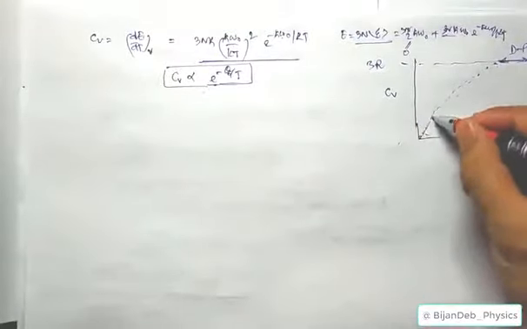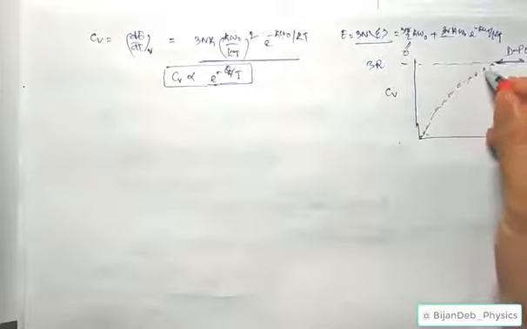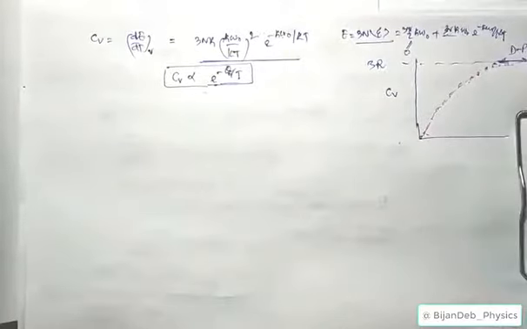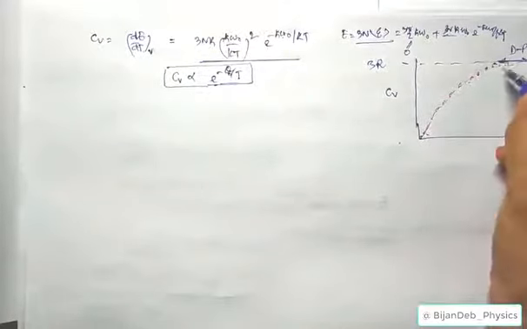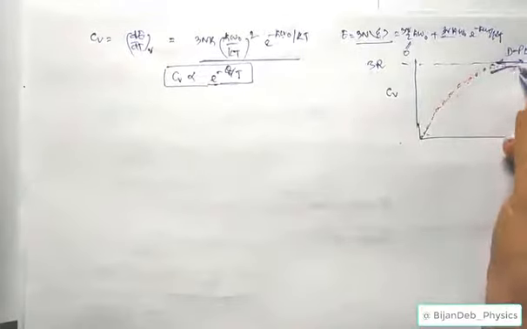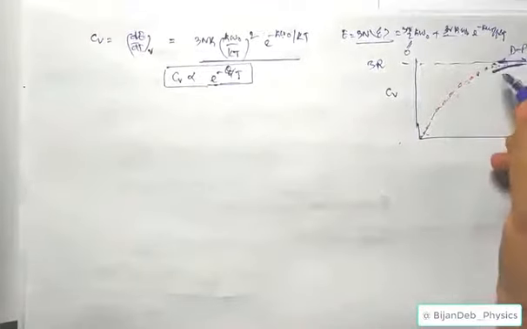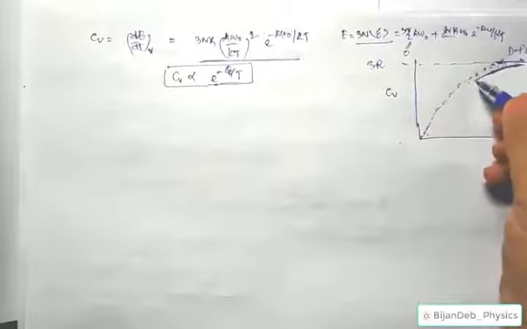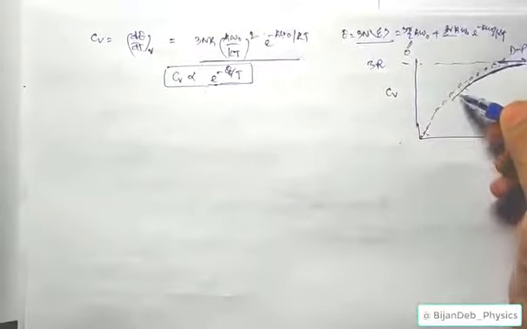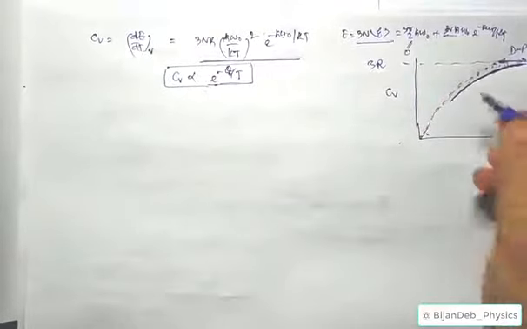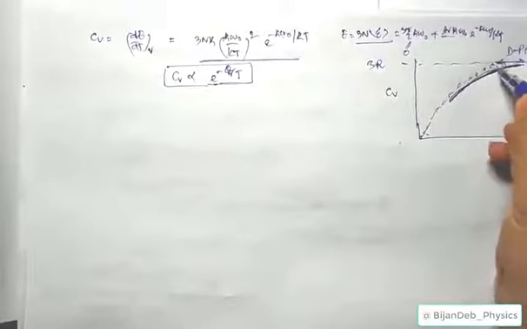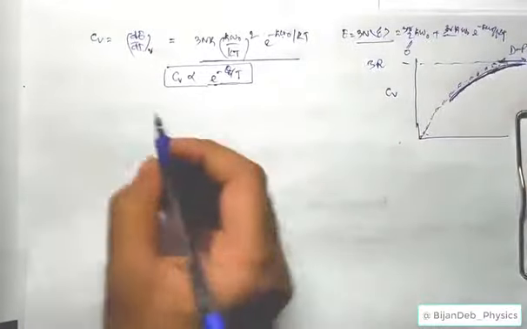Suppose this is the experimental curve. So at high temperature, this Einstein equation agrees. Now this also agrees. As temperature decreases, specific heat also decreases. So this nature also we get.